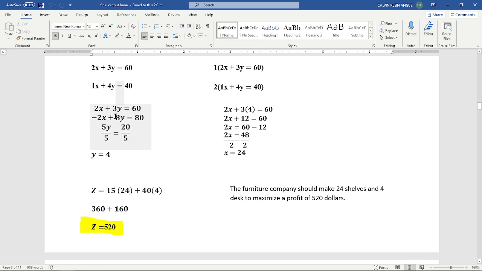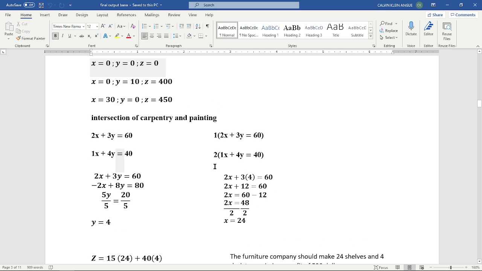Then 2x plus 3y equals 60 minus 2x plus 8y equals 80. You just subtract it, and it will be 5y equals 20. Then you divide it: 5 divided by 5 equals 1, 20 divided by 5 equals 4. Then your y will be equal to 4.